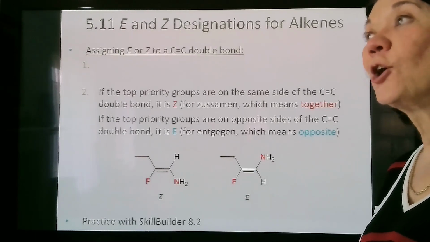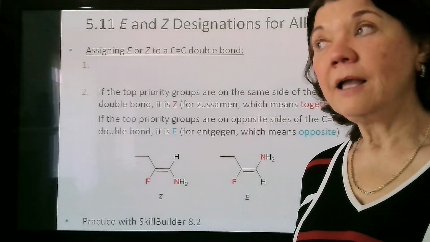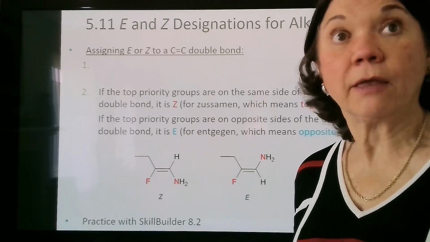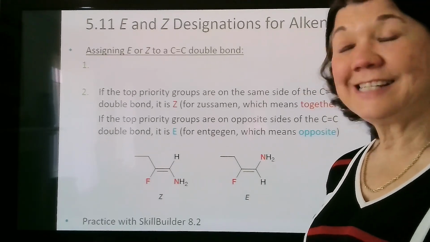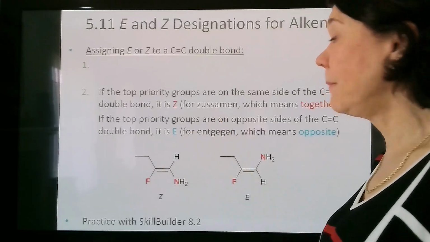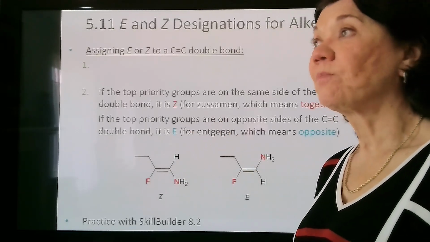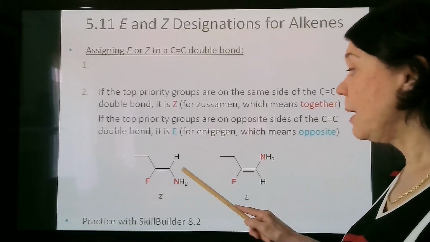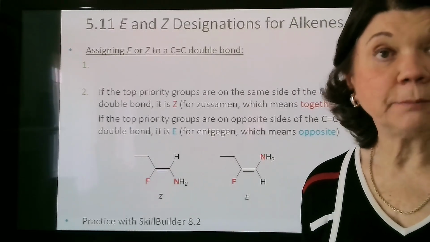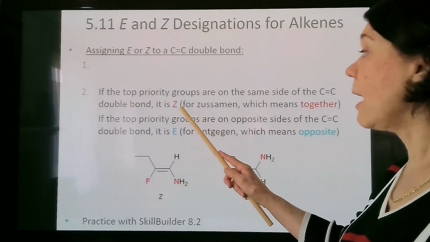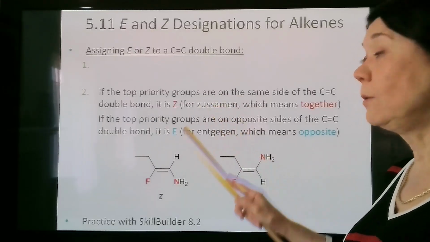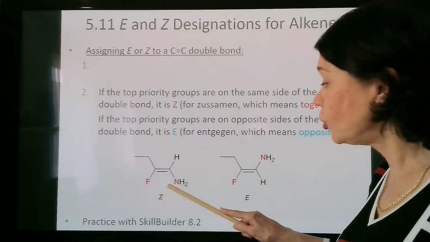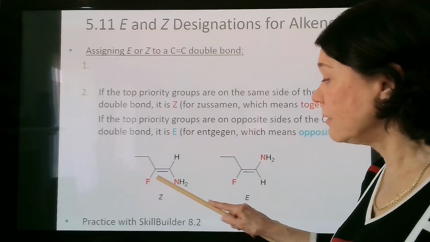However, in German, they have several different words that mean together. And so it's interesting that the word zusammen was selected to describe this, because I took scientific German. And the way it was described to me is that the word zusammen, which means together, was selected to describe the interaction of these two groups that are on the same side.